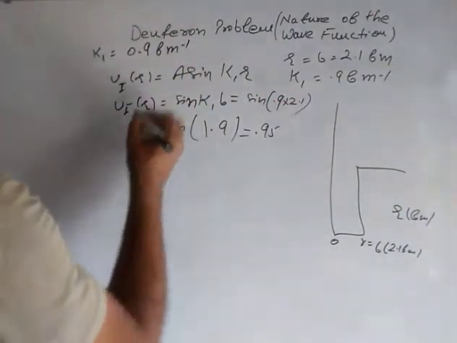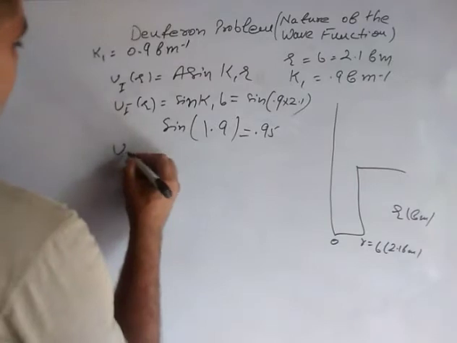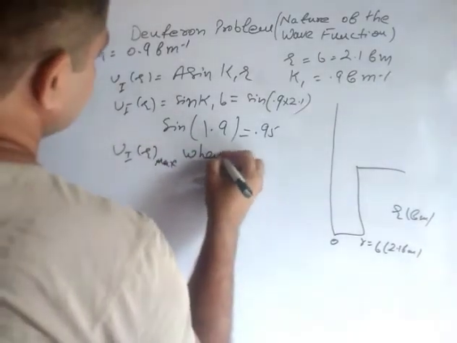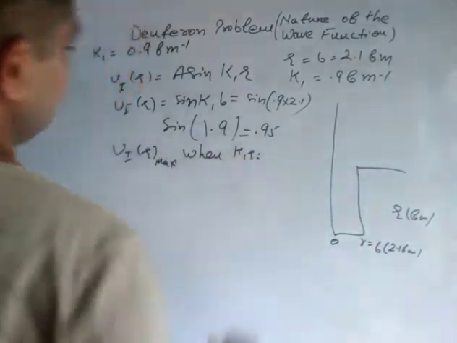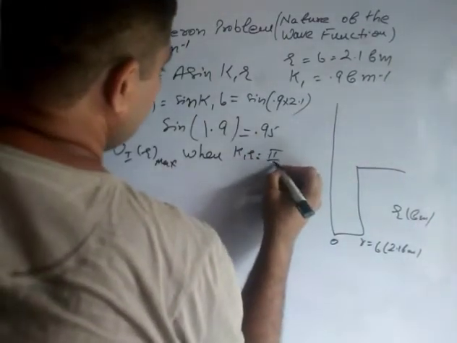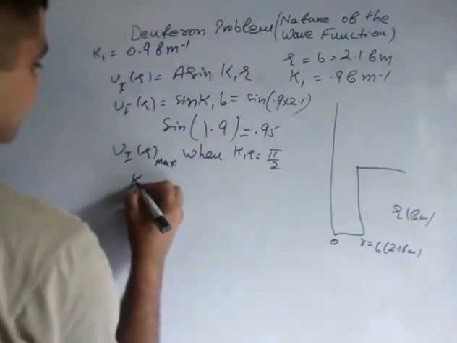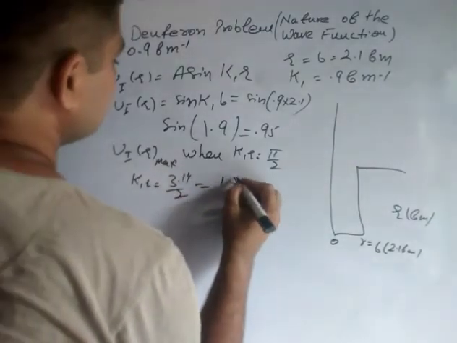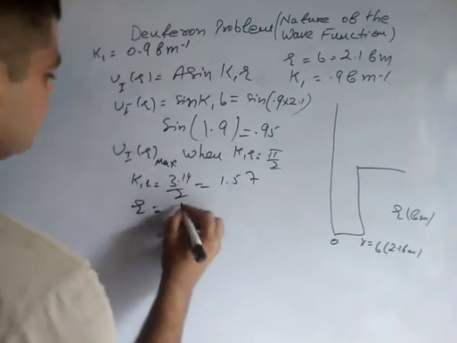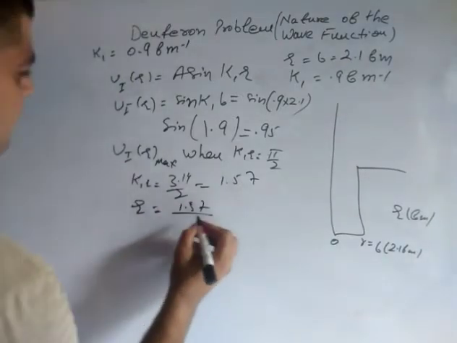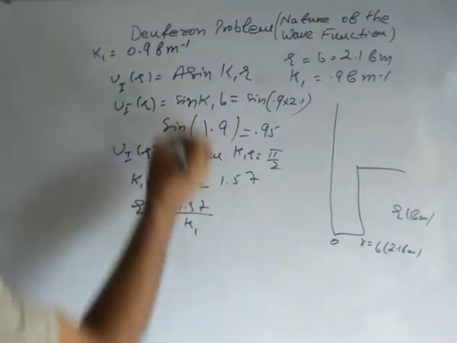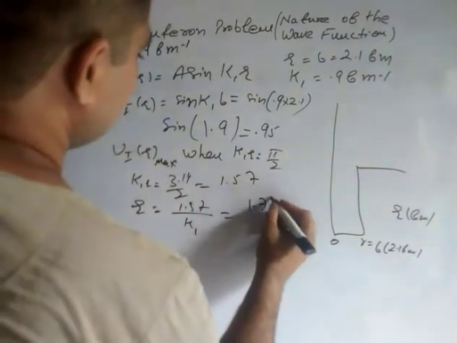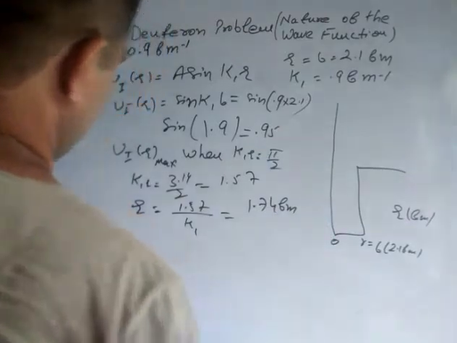So your wave function u1r will be maximum when K1r is equal to pi by 2, or 3.14 by 2, which is equal to 1.57. So r is equal to 1.57 upon K1, and K1 is 0.9. So you will get r is equal to 1.74 femtometer.